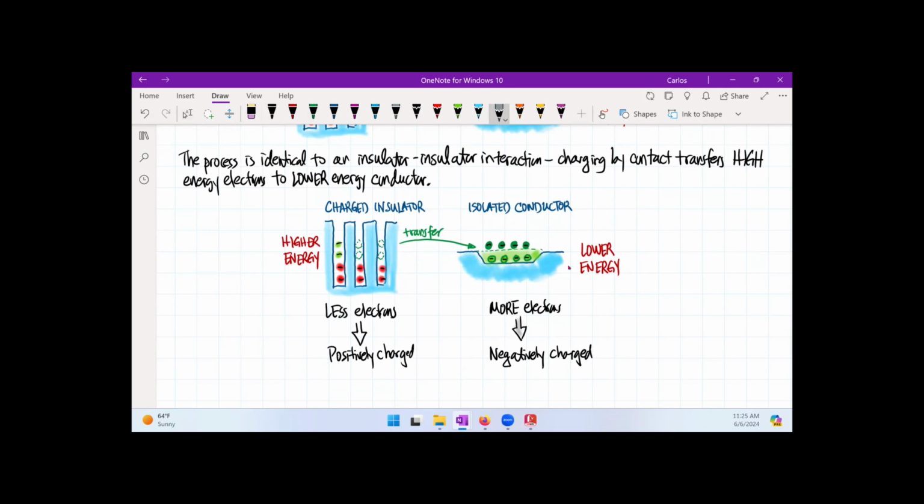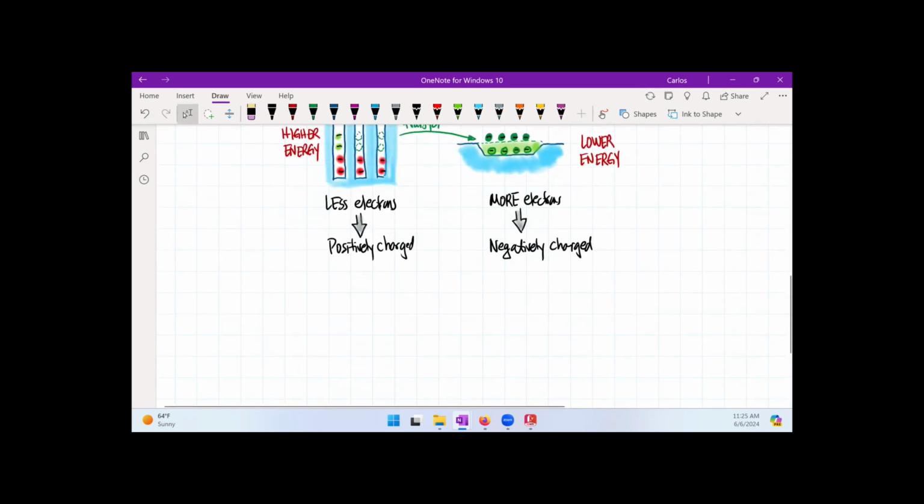Now, what are the applications of this? The images I'm going to show you I've already drawn by hand to save time. An application of this is what's called an electroscope. An electroscope is an early instrument to detect the presence of electric charge.